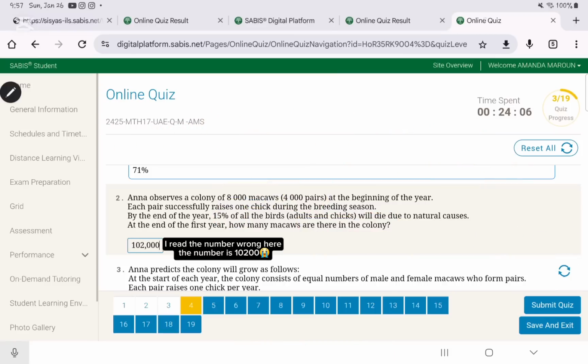Another way of doing it would be like this. We are going to take the initial number of macaws, which is 8,000. But this is a bit more tricky. Why? They said that each pair successfully raises one chick. So 8,000 is 100%, but if they each raise one chick, that's going to be 4,000 chicks, as we said before.